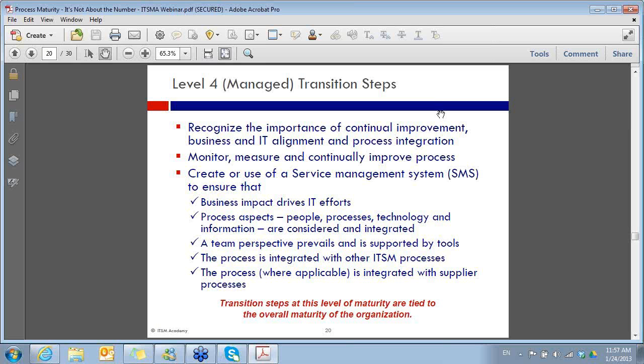So here's where we need to start thinking about a service management system and looking at that mechanism for ongoing improvement, capturing continual improvement opportunities, making sure that we're constantly looking at and taking a team approach to process design and improvement.